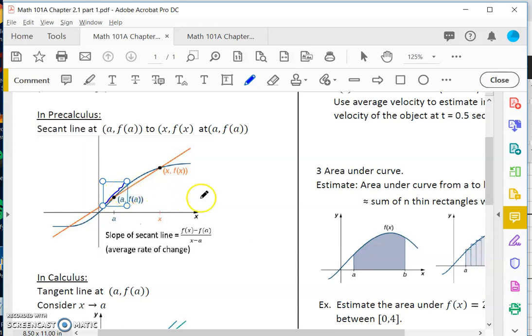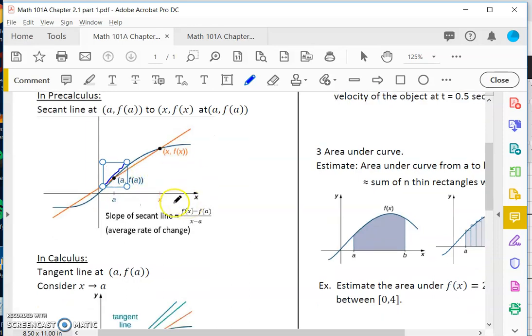Now, to get the slope of this tangent line, we need 2 points, right? But we only touch the graph at 1 point. How do we do that? So we would use the concept of secant line that we have learned in pre-calculus. We define the point a, f of a as the point that you want to have a tangent line on, and then the other point that we temporarily put on the line, x, f of x, so that we have 2 points.